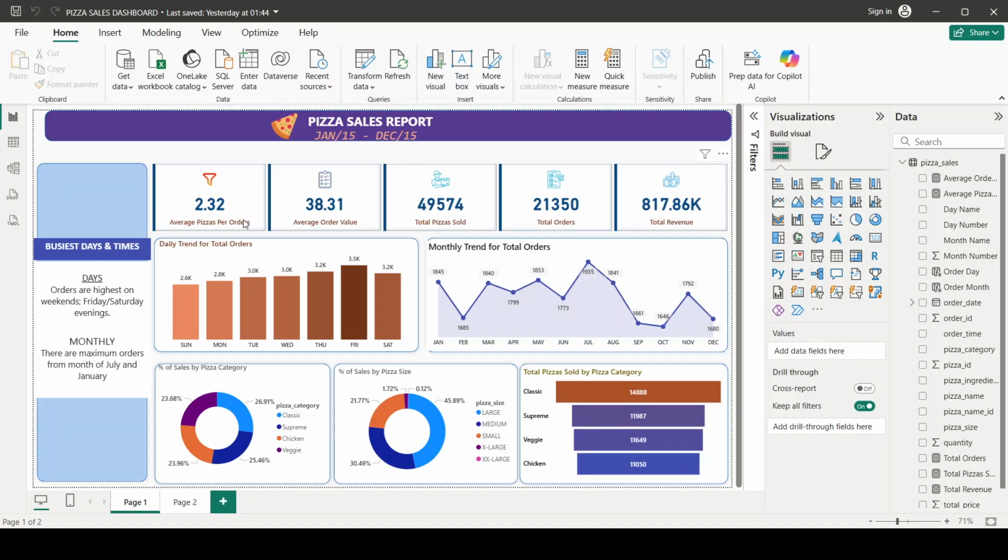So roughly it's about two pizzas per order. The average order value, that is the money we get from each order, is about 38 pounds and 31 pence. And then we can find our total revenue here. I brought these up here because they are the major KPIs to understand; the data should be able to tell the story.